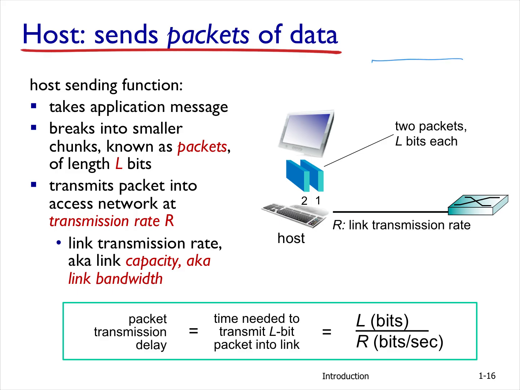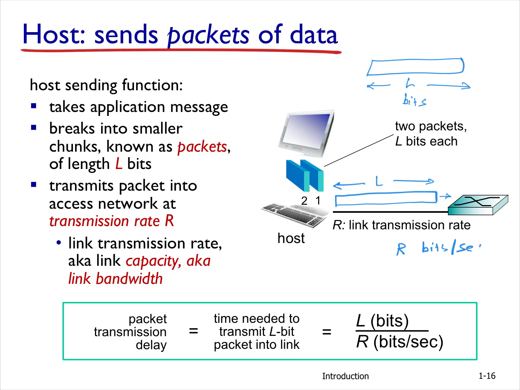So the packet has a length L bits, okay? And it's being carried over a link. So this packet is being transmitted over this link, right, with L bits. And the link allows a transmission rate, a speed of transmission, R, which is measured in bits per second, okay?